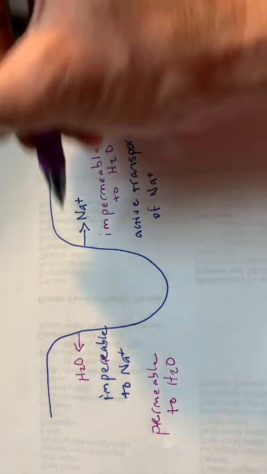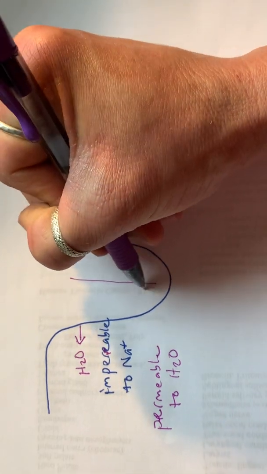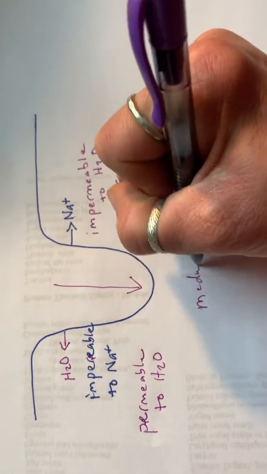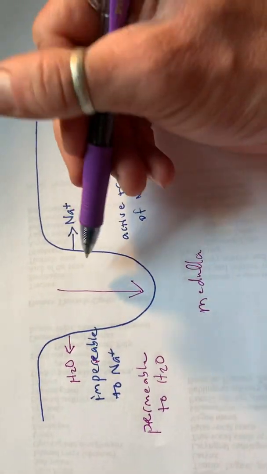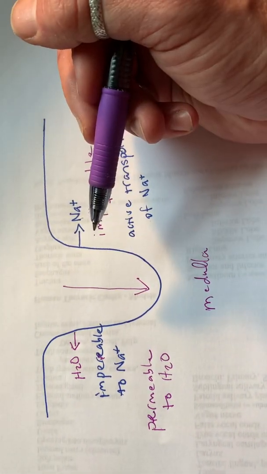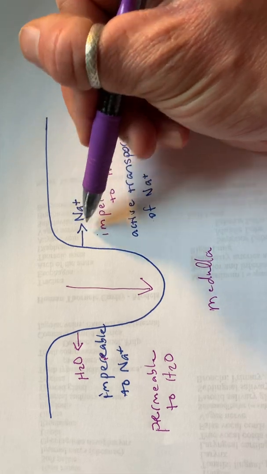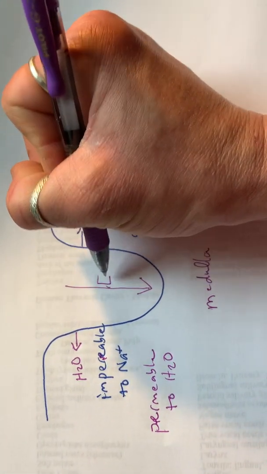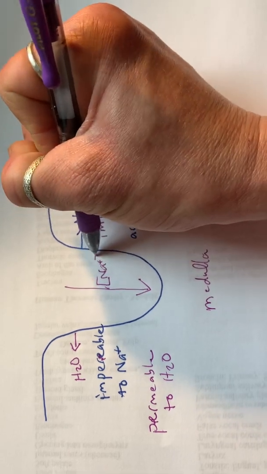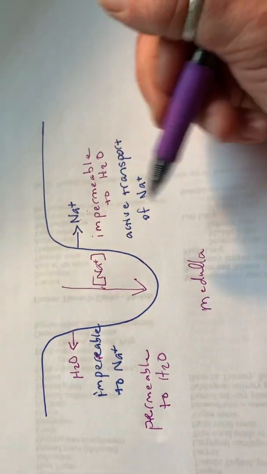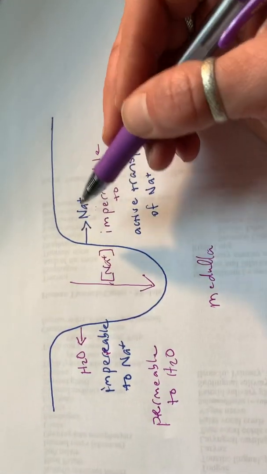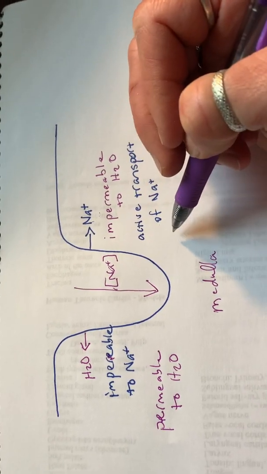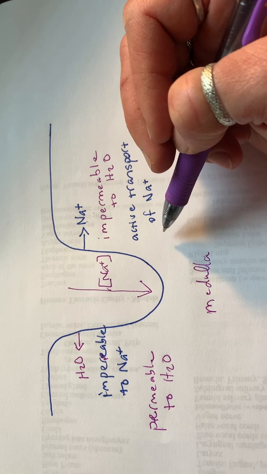And so as we go down towards the medulla of our kidney, and we go further from that nephron, we're going to see our osmolarity increase. And so the amount of sodium increases as we get further away from our proximal and distal tubules. Okay, so it's going to get more and more salty down here towards the bottom of the loop of Henle.